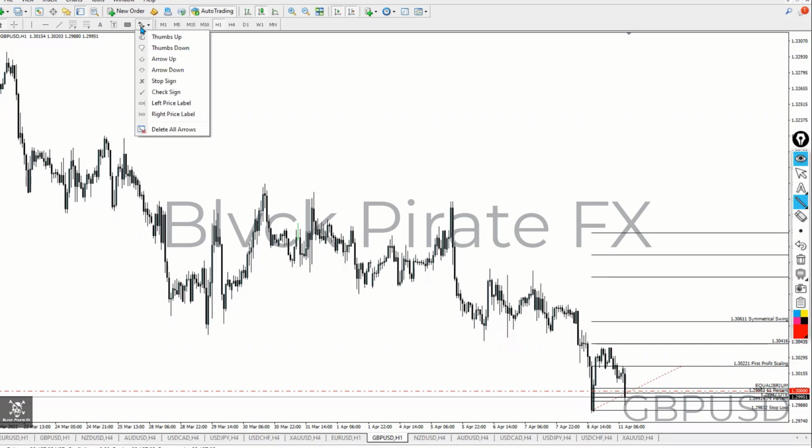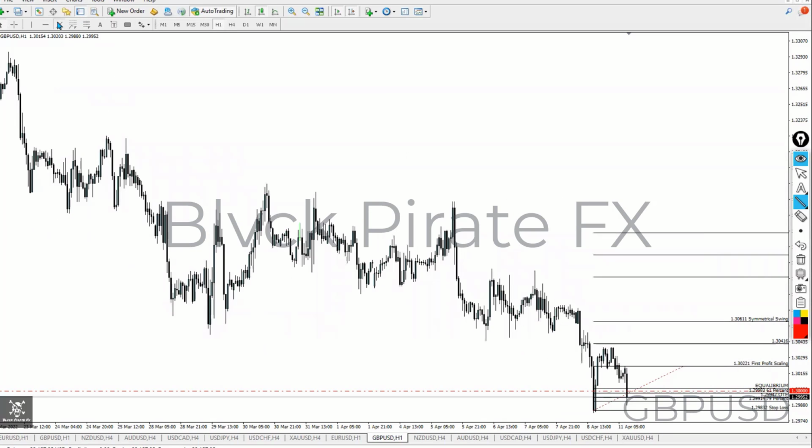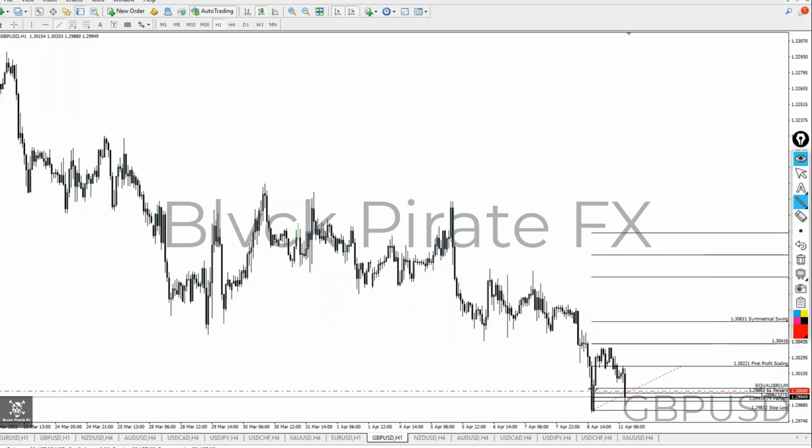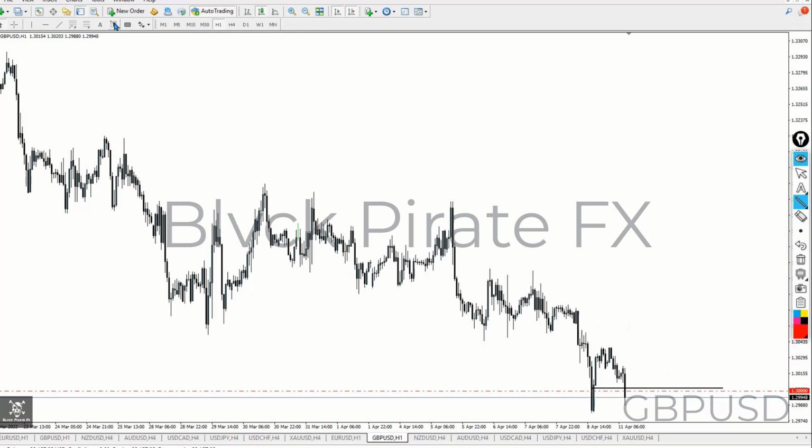So I'm going to put my horizontal line there. Actually, we're going to use the 50% level of the order block itself, which is the mean threshold of this order block.